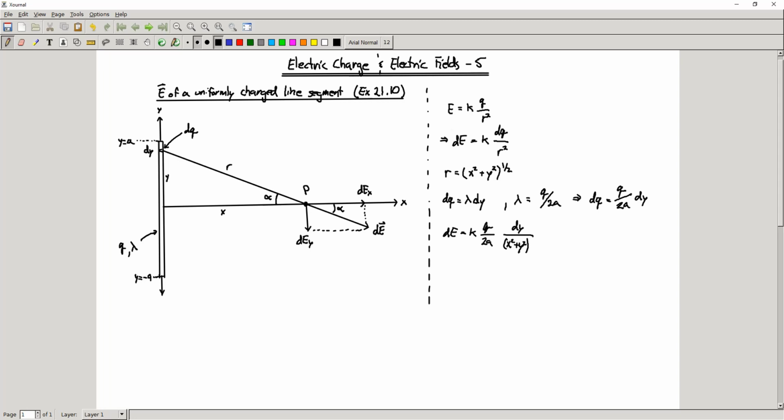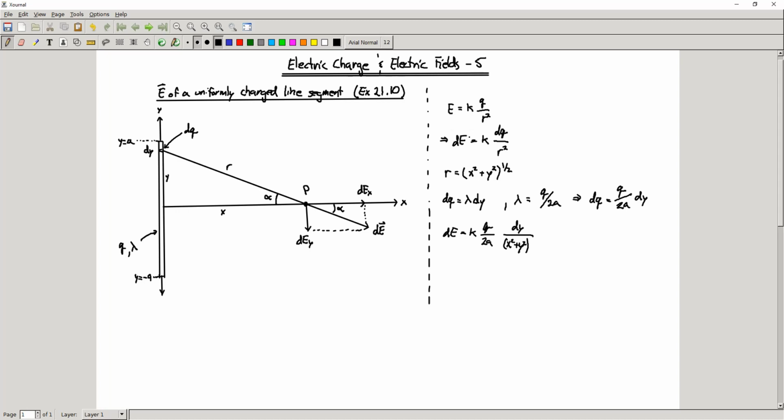We then need to talk about what dq, this infinitesimal charge contribution, is, and that's just our charge density times our length. So we have to talk about what our charge density is. We do that, and then we substitute in dq and r into our original expression for dE.